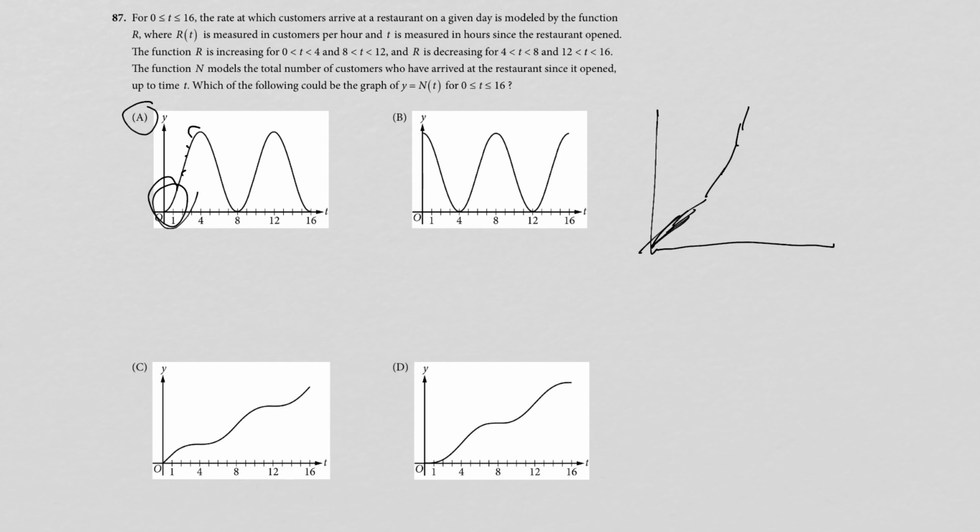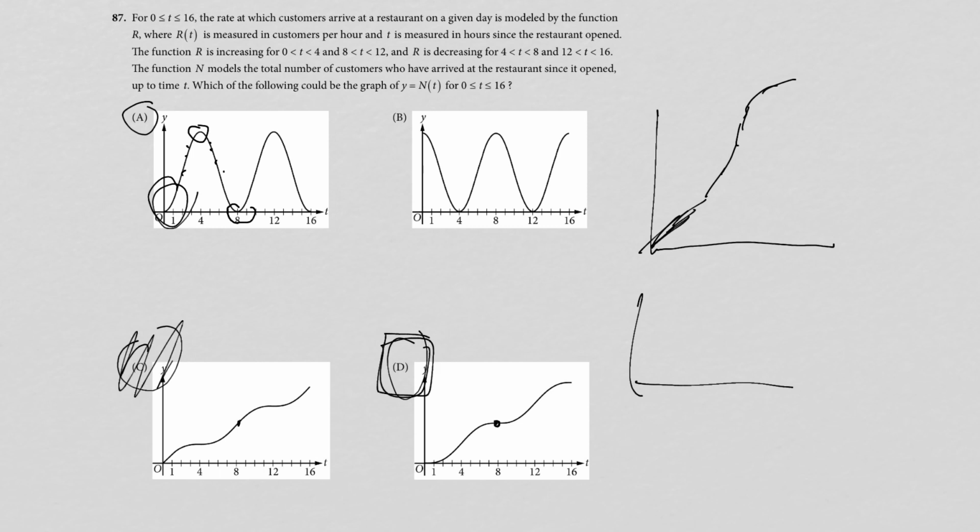And then people are coming really fast, but then they're still coming, but they're coming slower now. So it's going to be one of these two. And then at 8, they stop coming for a moment. So you see 8 has a flat point here, and this one doesn't, and the answer is D.